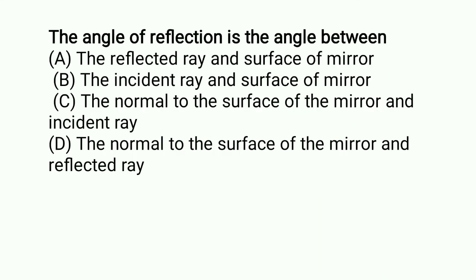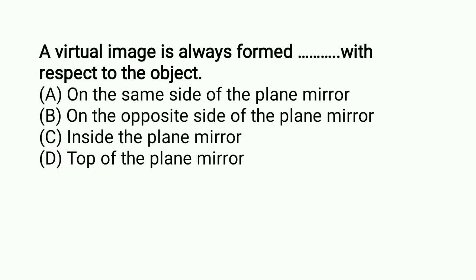Next question. The angle of reflection is the angle between the normal to the surface and the reflected ray. A virtual image is always formed dash with respect to the object. The virtual image is always formed on the opposite side of the plane mirror with respect to the object.